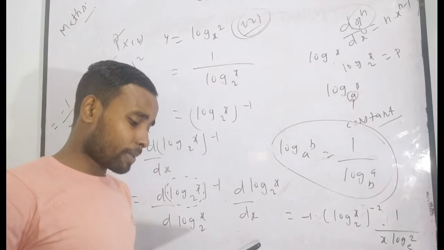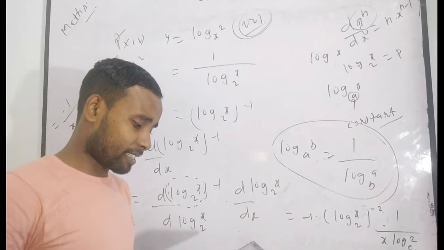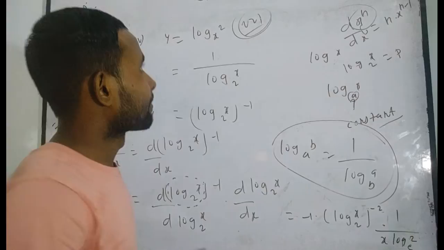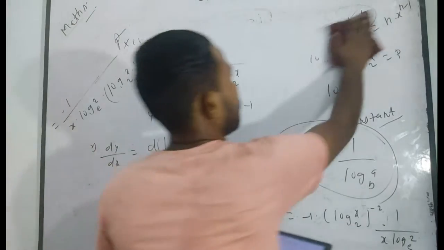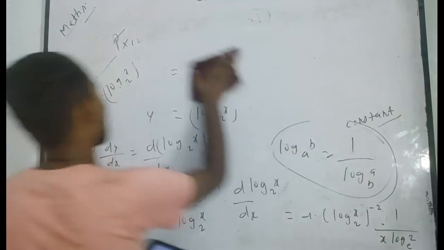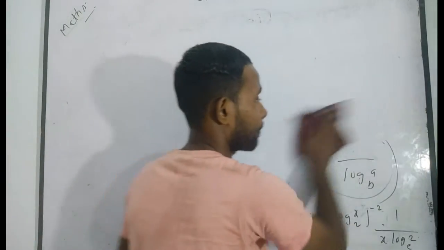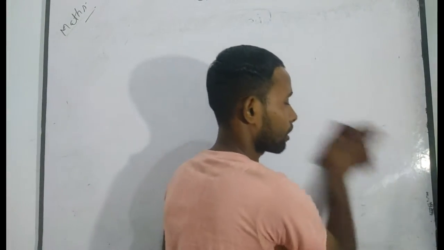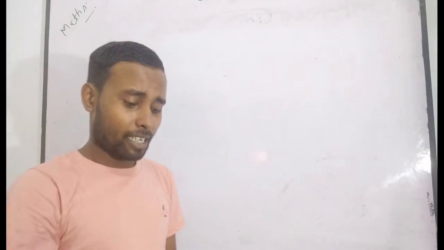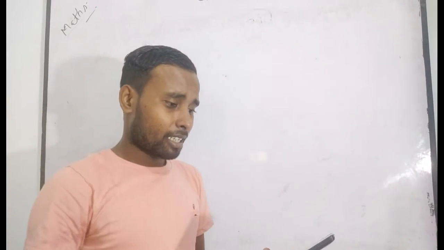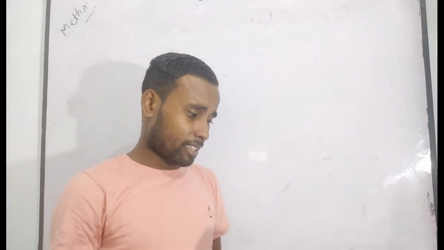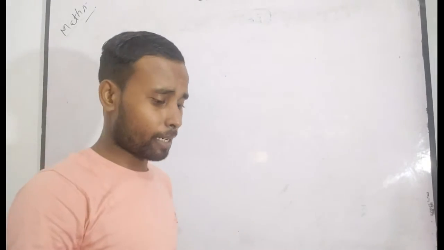Question number 11 is given as an implicit function. Actually, this problem is relevant to implicit function. In your books, it has been taken in this chapter. I think after 2 or 3 chapters, I will again discuss implicit function. But he has taken in this chapter one problem which is relevant to implicit function.